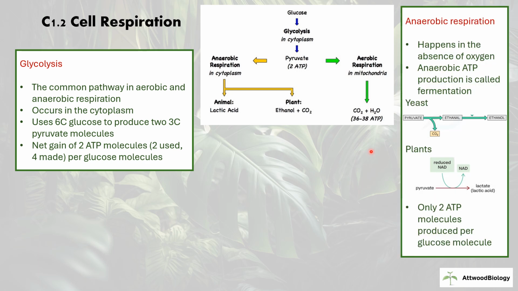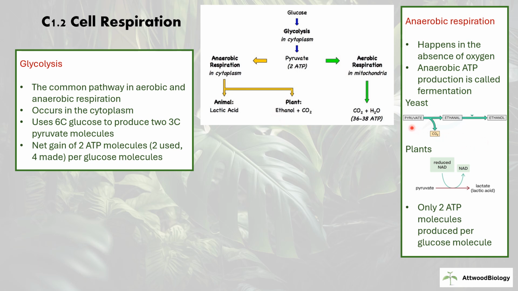In anaerobic respiration, this happens in the absence of oxygen, which we should know from previous study. Anaerobic ATP production is called fermentation. And we can see here that it's slightly different in yeast and animals. So on our flow diagram, the pyruvate goes into anaerobic respiration. In animals, we produce lactic acid. In plants, we produce ethanol and CO2.